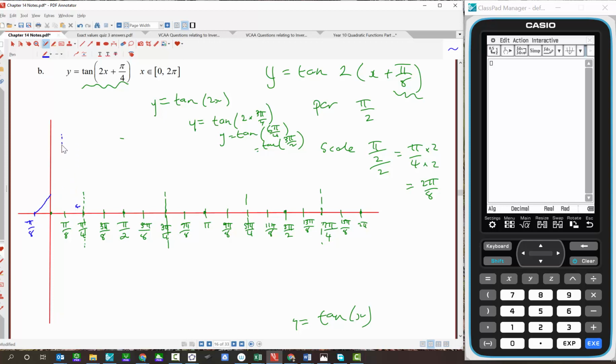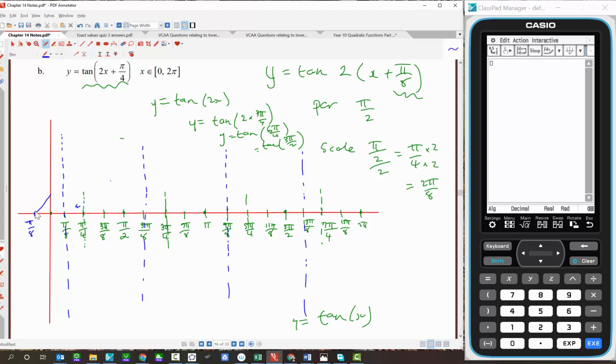So that asymptote will be along there. Now this asymptote will also move to there. Whoopsie, wrong one. You see, this one's a tough sketch, all right? But I'm having to really think about these values. Asymptote there, and that's it for asymptotes at the moment.